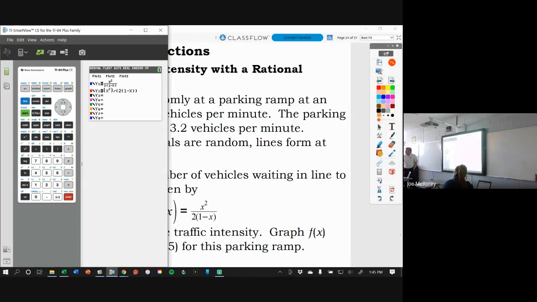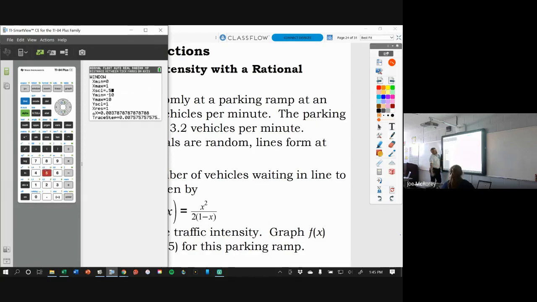Let's restrict our domain, so go to window. We want x values from minimum x value 0, maximum x value 1. I don't want to count by ones, there'll be no tick marks along the x-axis. What do you count by, going from 0 to 1? 0.5, okay, that's fine.